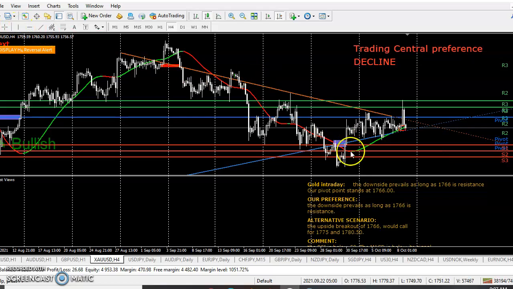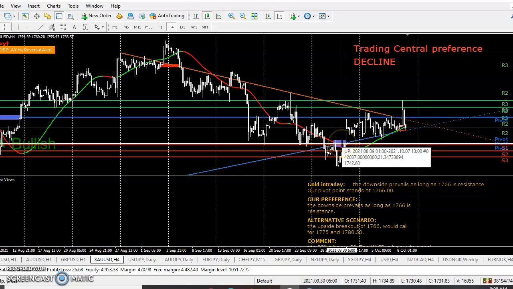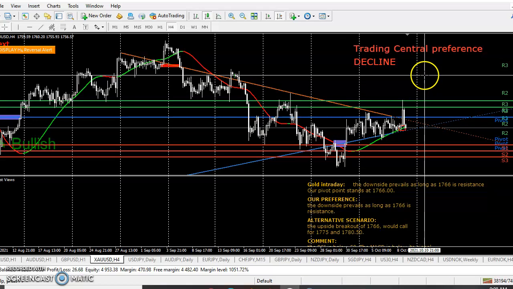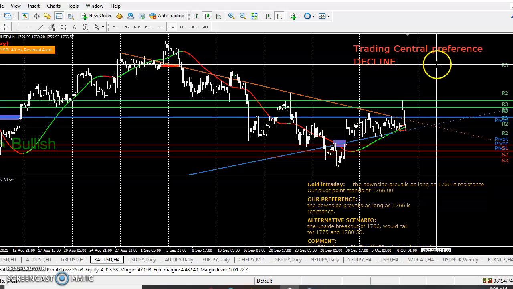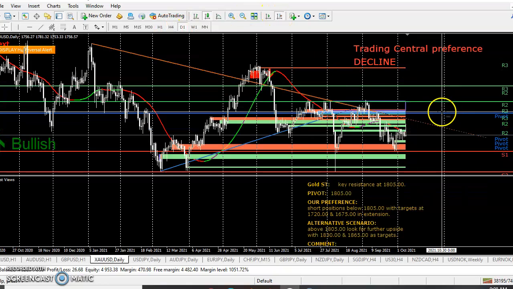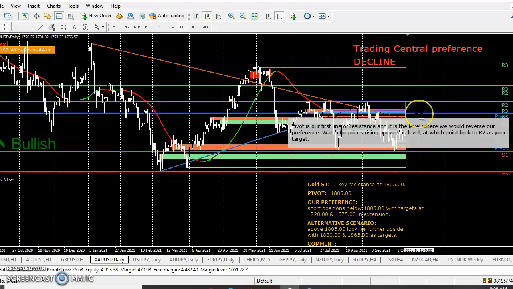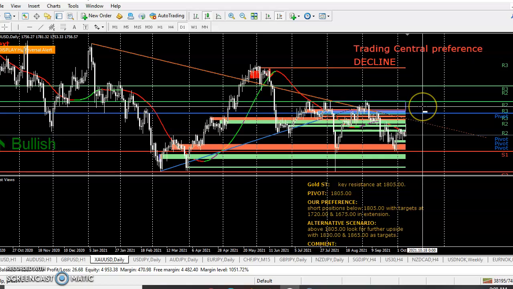But it looks like it's going to retest. Gold is going to retest this level at 17.4 and then continue to rise to 18.11, between 1803 and 1830.